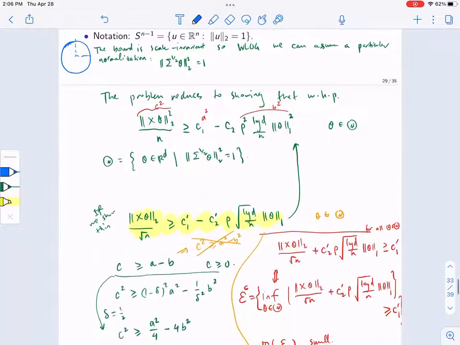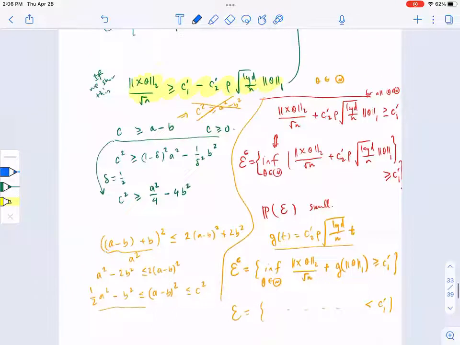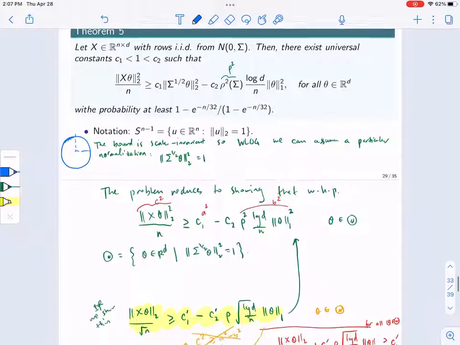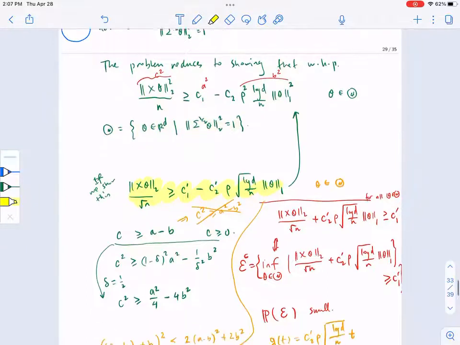And so the problem reduced to, after some considerations, showing this over theta that are in that set, capital Theta. Capital Theta is the set where our normalization condition holds.